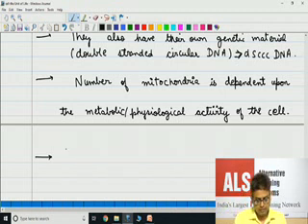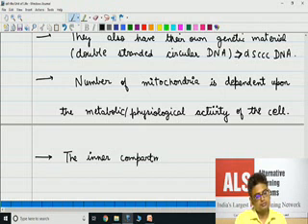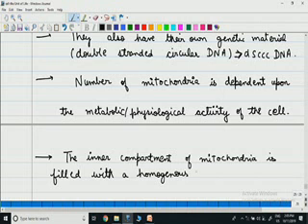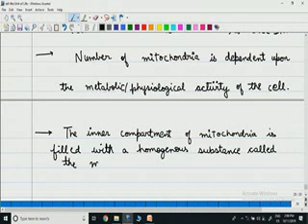So please write, the inner compartment of mitochondria is filled with a homogeneous substance called the matrix. Okay.